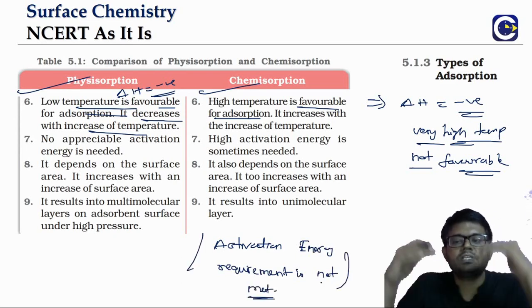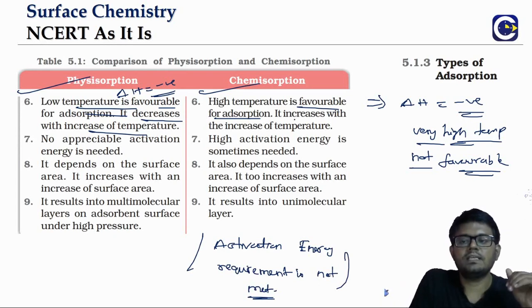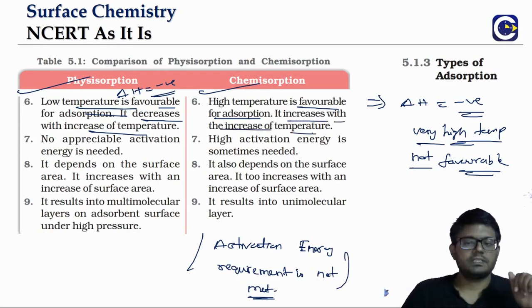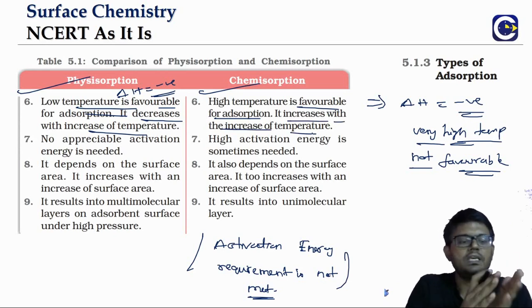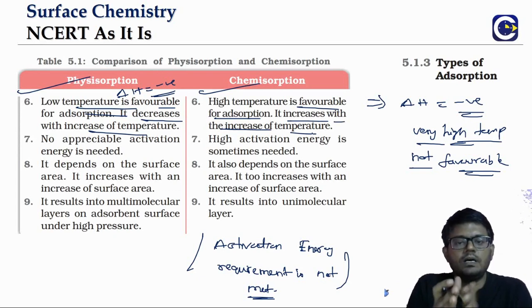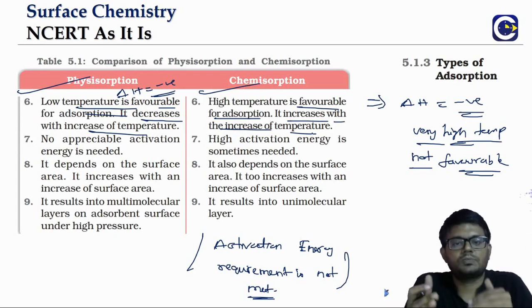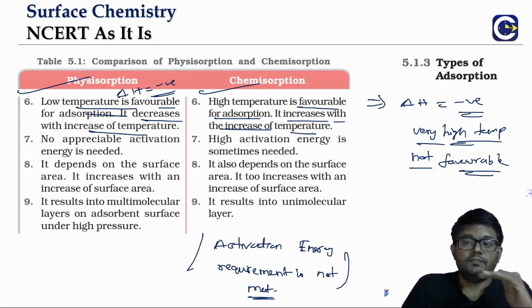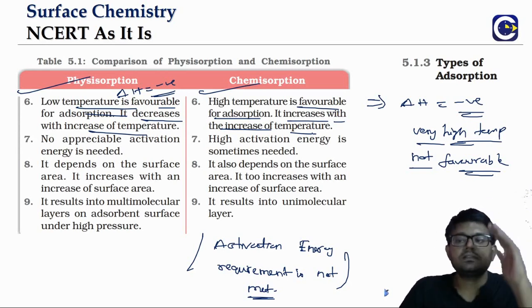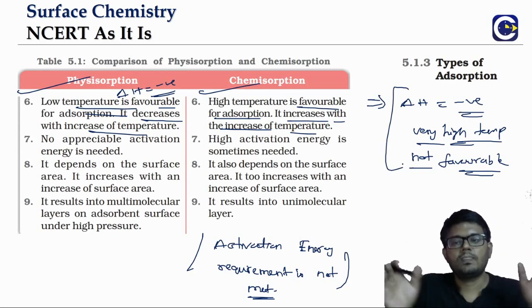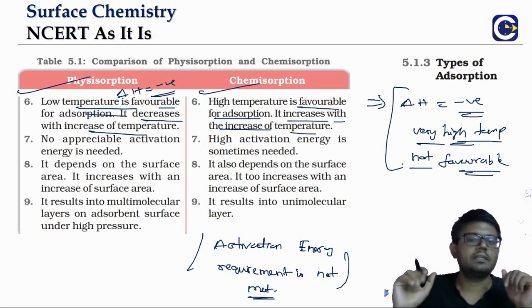That's why we need sufficiently high temperature. And usually what we see is, initially it will increase with increase of temperature. Often what starts as a physical adsorption will, after a certain temperature, convert into chemical adsorption when we reach the activation energy requirement. But if you make the temperature very high, because at the end of the day this is also a delta H negative process, the adsorption will again decrease.